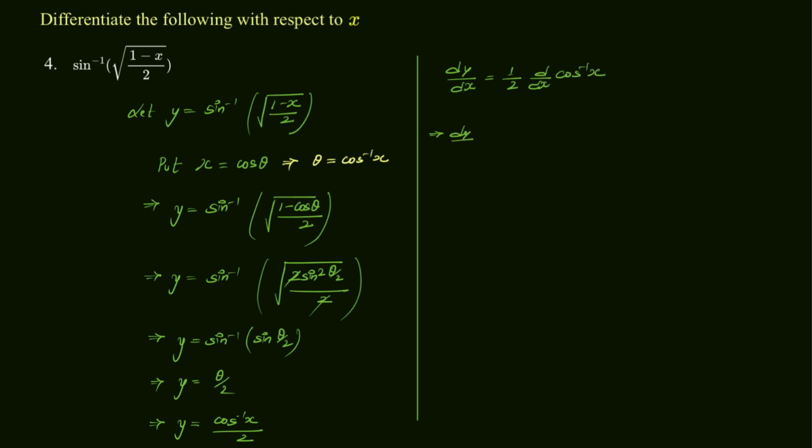Therefore dy over dx will be equal to half, and ddx of cos inverse x is minus 1 by square root of 1 minus x square. So my answer will be minus 1 by 2 root over 1 minus x square.